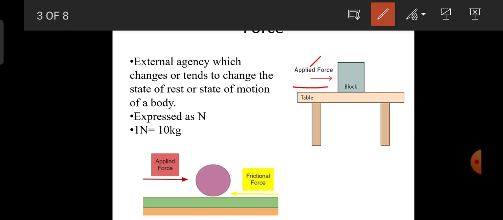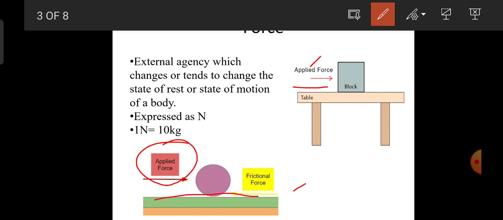Or in the second sketch, you can observe a ball which is moving, and this is the applied force, and there is a contact surface on which the ball rolls. Due to the irregularities present on the contact surface, a frictional force is generated between the object and the contact surface, so that the motion speed gets reduced due to the frictional force.